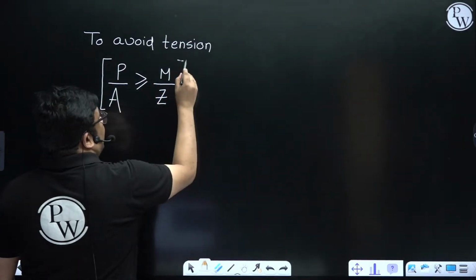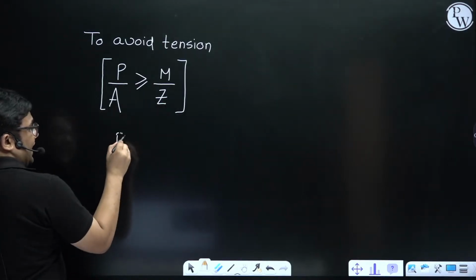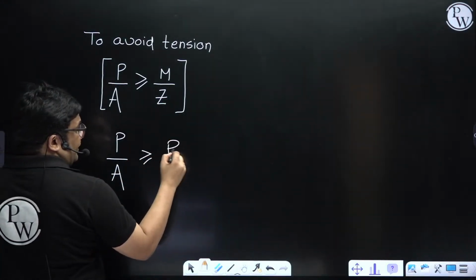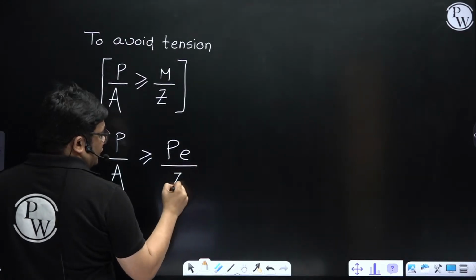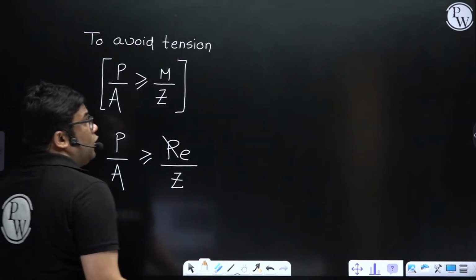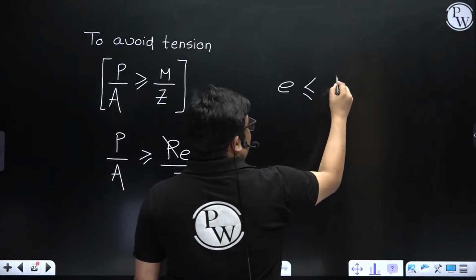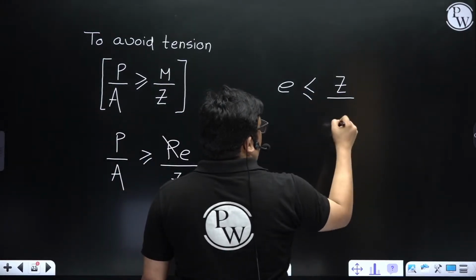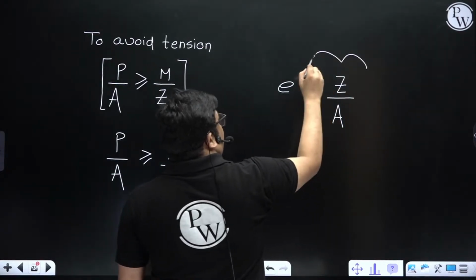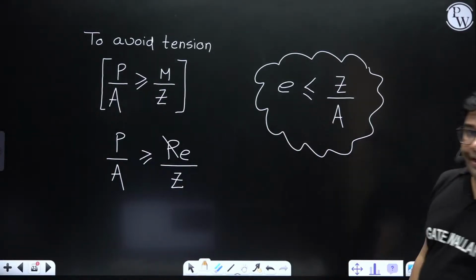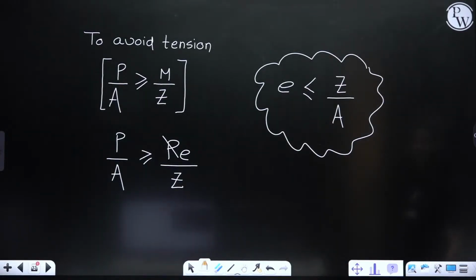And what is M here? M is P into E, so P gets cancelled, and I can say that eccentricity should be less than Z upon A. Yes, eccentricity can be there, there is eccentricity of loading, and eccentric loading is fine.